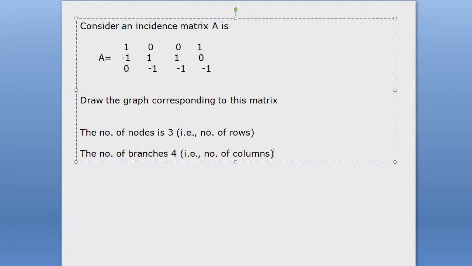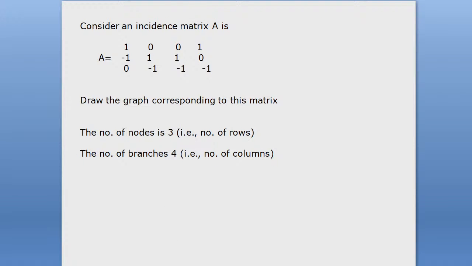No doubt to understand this point. The total number of nodes and total number of branches for the graph corresponding to this incident matrix is 3 and 4.